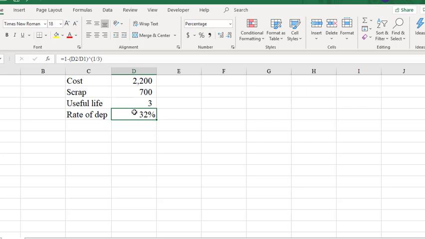So we computed this rate earlier, same formula used. Cost is 2.2 million, scrap value is 700,000, useful life is 3 years, and when you substitute these values to the formula, it gives you 32% as the annual rate of depreciation under diminishing balance method.